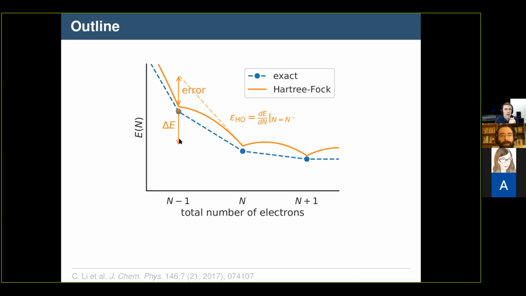Now, I guess that begs the question, why don't you just do a whole lot of calculations at different numbers of electrons? And really the interest is that we'd like to do a single calculation, and this should contain all of the excitation properties inherent inside of it already. So we want these energies that we're using as a proxy for quasiparticles to fall out immediately, rather than having to do all of these different finite difference calculations.